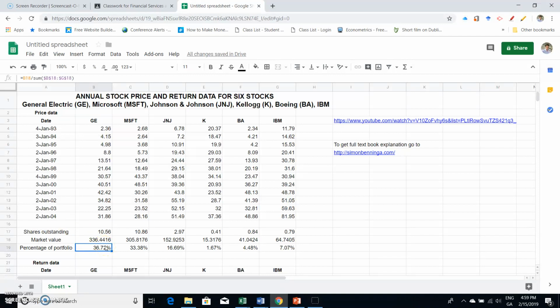Things have changed, and of course Microsoft has been relatively robust and would probably still have a fairly sizable market capitalization relative to the rest. In any instance, we end up with these weightings based purely on market capitalization.